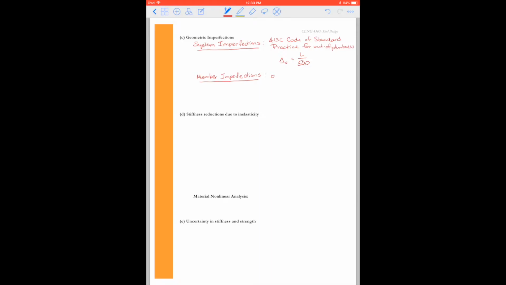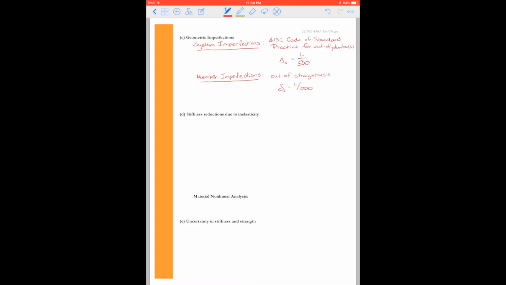Basically, the out-of-straightness allowance that we typically incorporate would be little delta 0 over L, where L is the length of a beam or column, over 1,000. This just accounts for manufacturing imperfections. All right, so we need to make sure we include these in analysis.